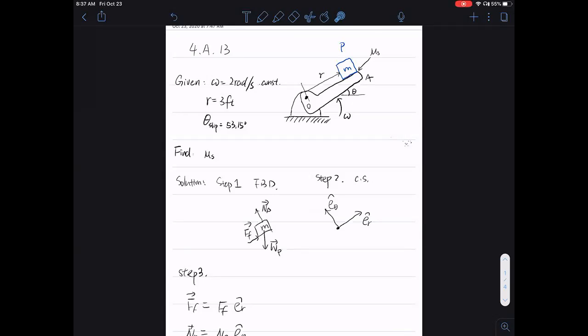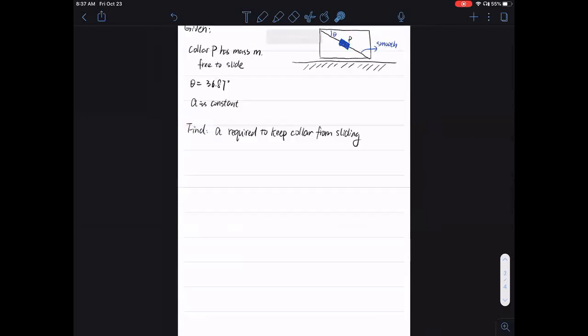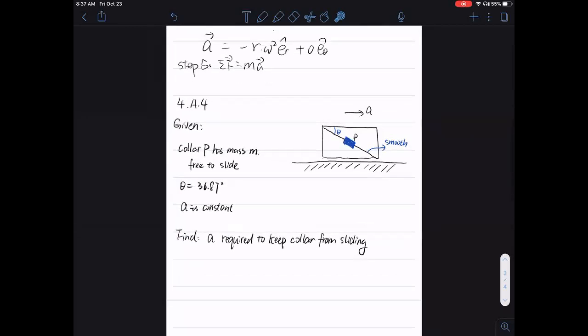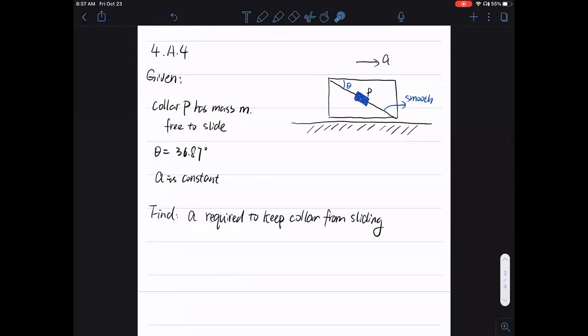Great. Let's do one more. We have two more, but let's look at this one, A4. All right, in this example, a car is moving on a surface, on the floor.